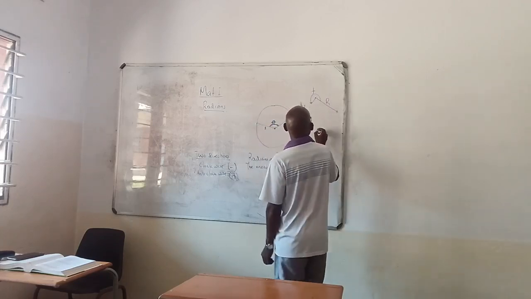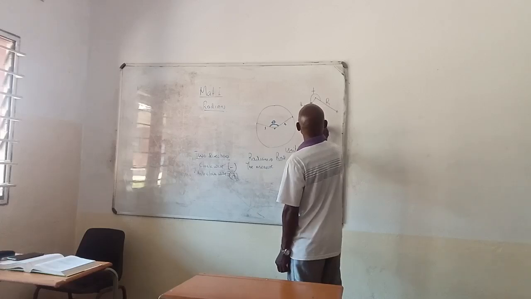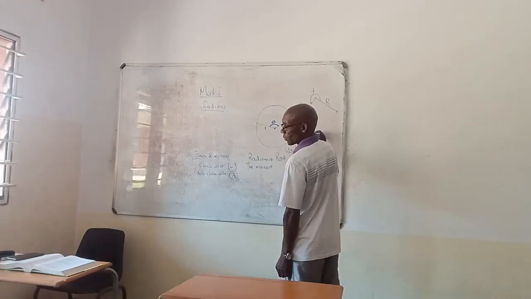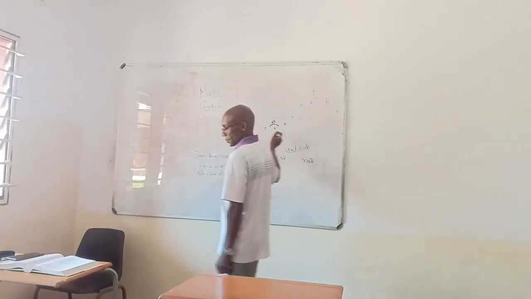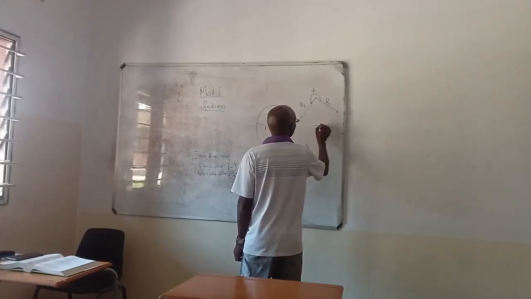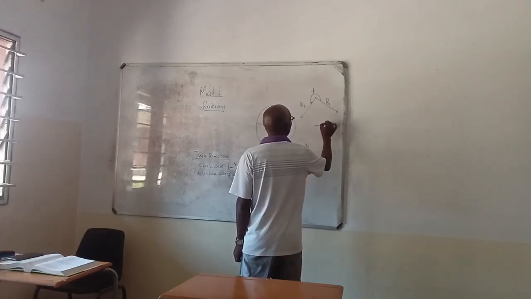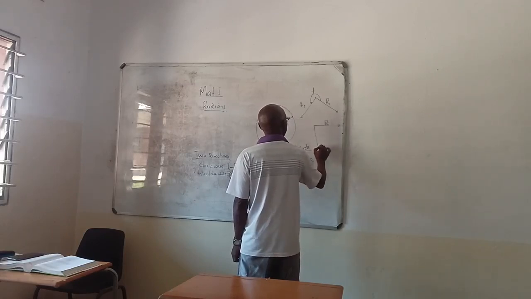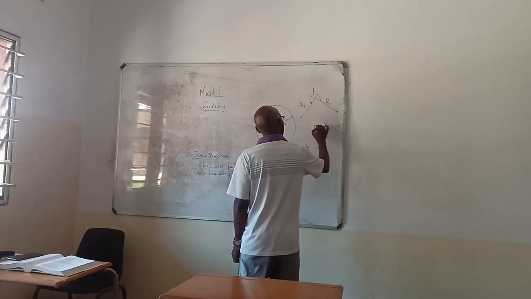But for the second one, assuming that you have got R1, the original one is this one. This is R1. Another one comes like this. This is to be your R2. This angle here is what is called clockwise.